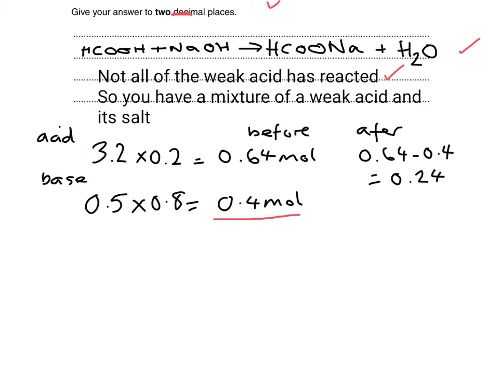Okay, right, I've moved it all up so I can have a little bit of space to do my workings out. So if I go from the basic equation here, missed off an H.